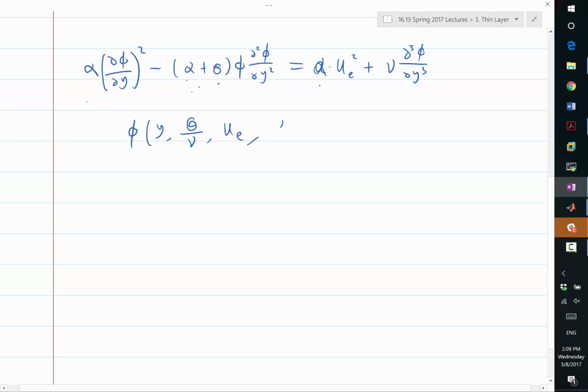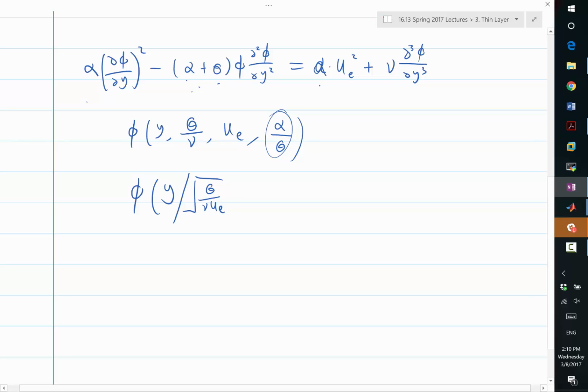So the additional one is alpha over theta. So this is already non-dimensional. So when you non-dimensionalize the coordinate y, you can still non-dimensionalize to the same thing. So y over square root of theta divided by nu UE. Can somebody check if that's right? I think still right. Yeah.